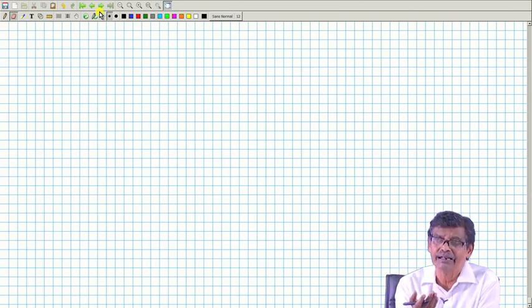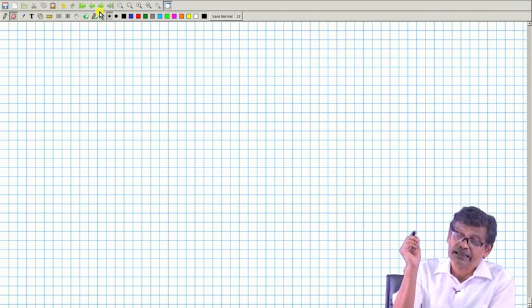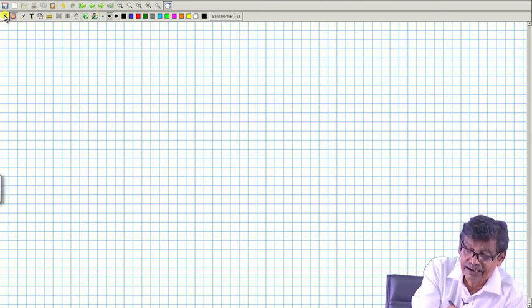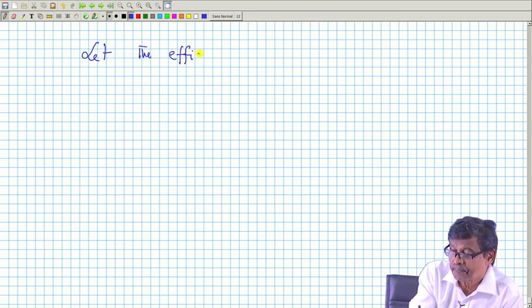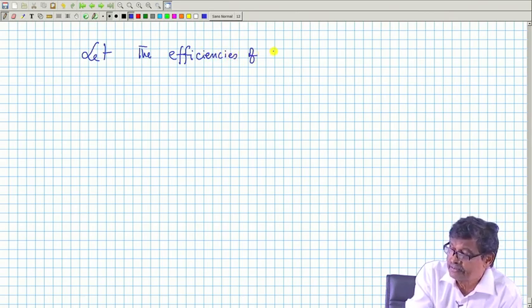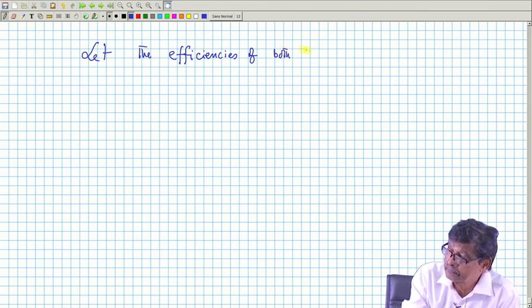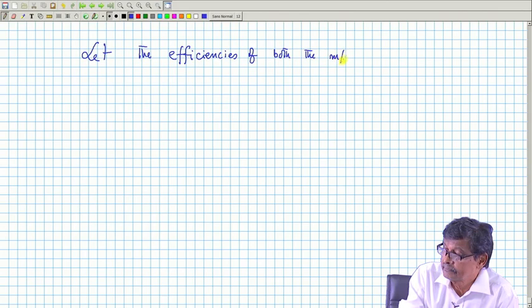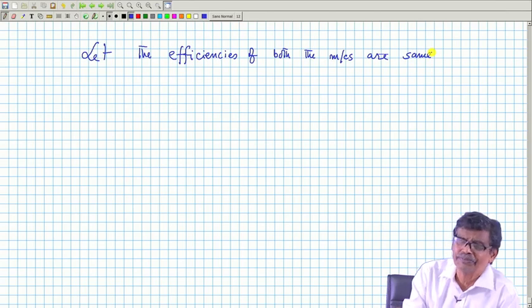One interesting way for quick calculations, people sometimes use this: suppose the efficiencies of both the machines are the same.